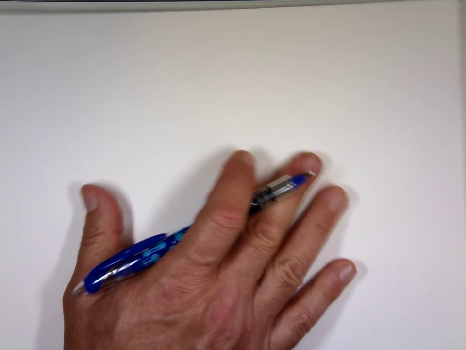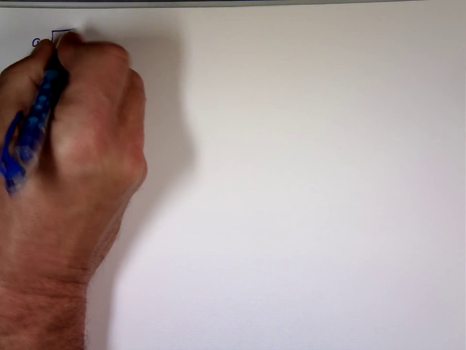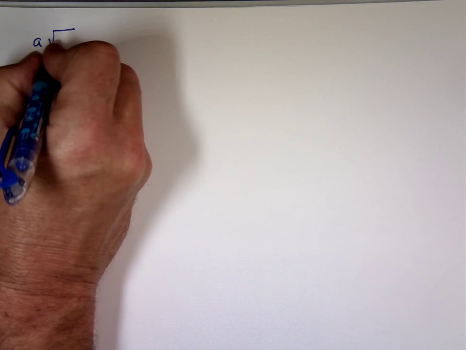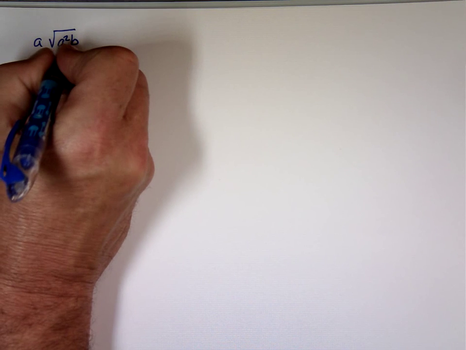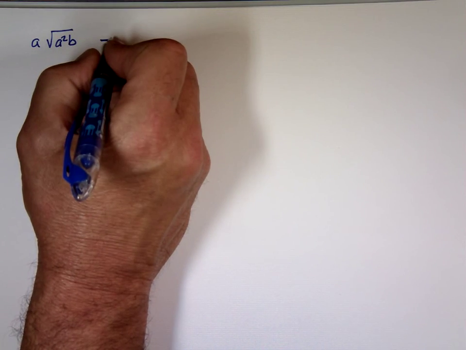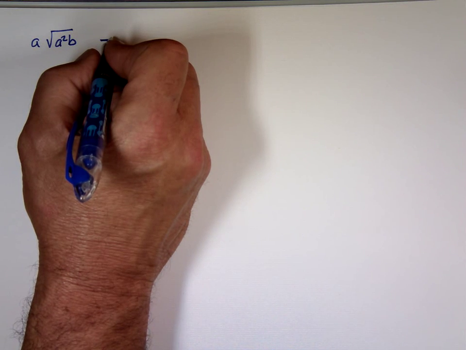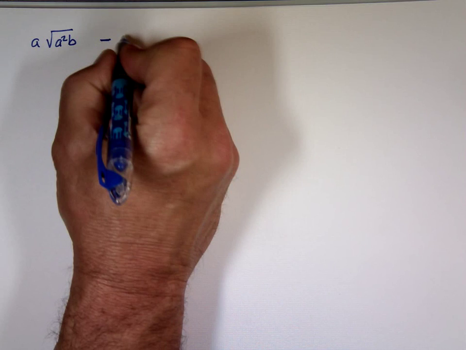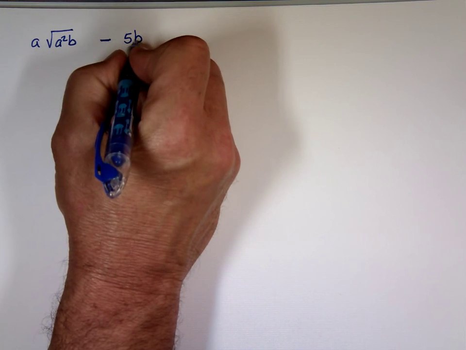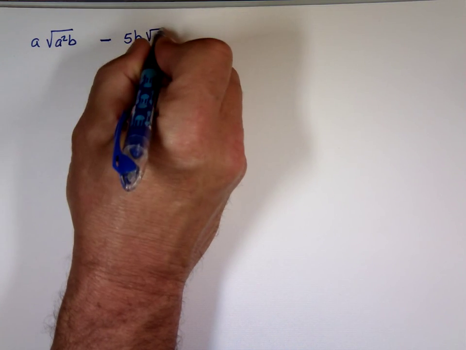A couple more examples. Let's try that. Let's try this. a times the square root of a squared b minus 5b the square root of b.